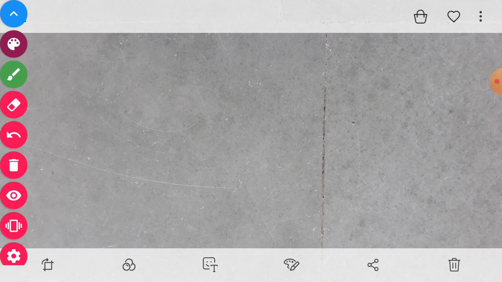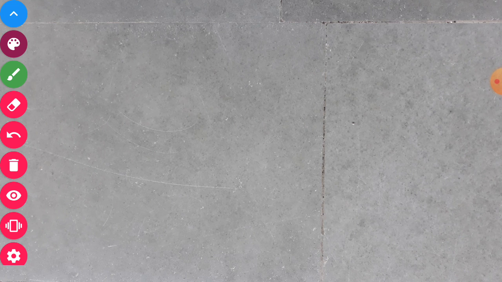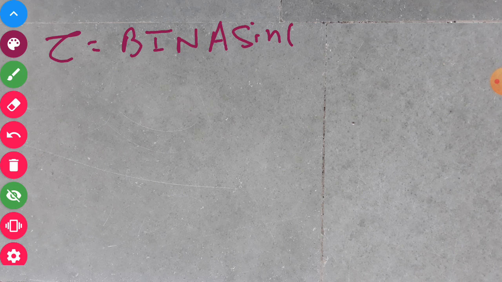Now see, we have all these values. First of all, the torque, we know, is given by BINA sin theta. Here all the values are given. The coil has 30 turns, so N is equal to 30.